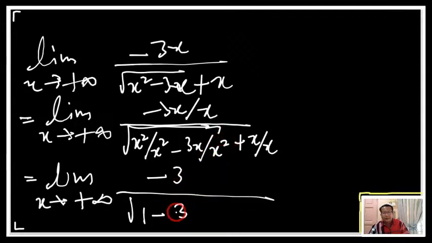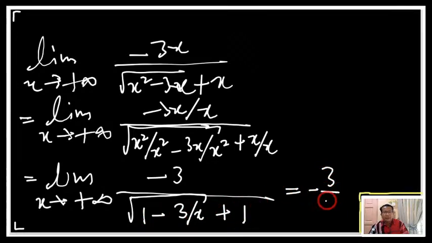This one, x square over x, square root plus 1. So this one is 1 plus 1. So minus 3 over 2. This one is 0.